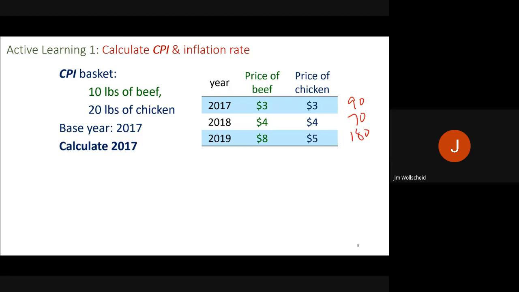I can do that one in my head. That's 100. Why? Because it's the base year. Or if you wanted to do it correctly, it's 90 divided by 90 times 100.